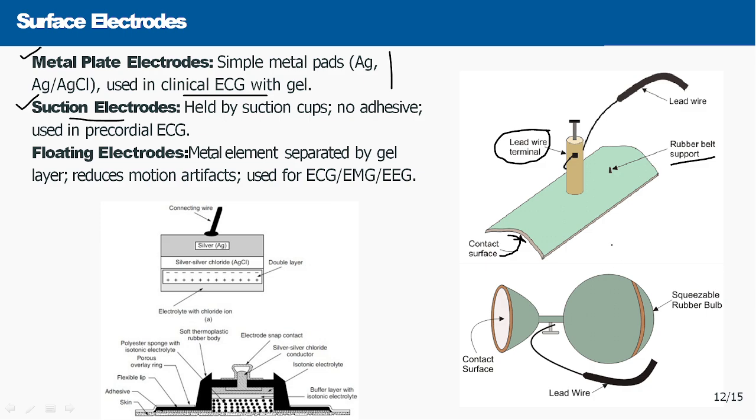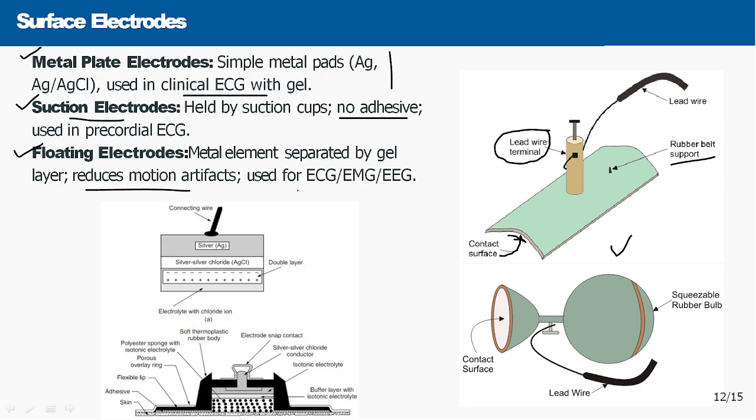These suction electrodes are just like this. There is no adhesive, but they are very firmly attached to the body due to the suction pump like action. Similarly, we have floating electrodes. There is no direct contact with the body, and the metal electrode is separated by a gel layer, which reduces the motion artifact.